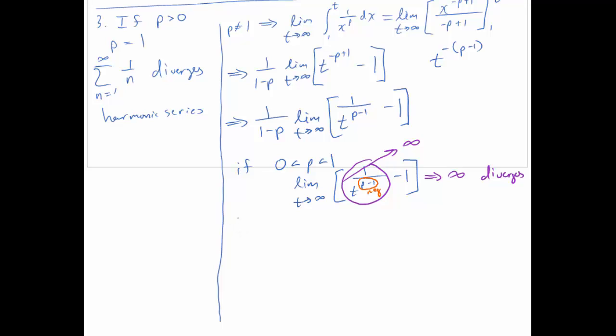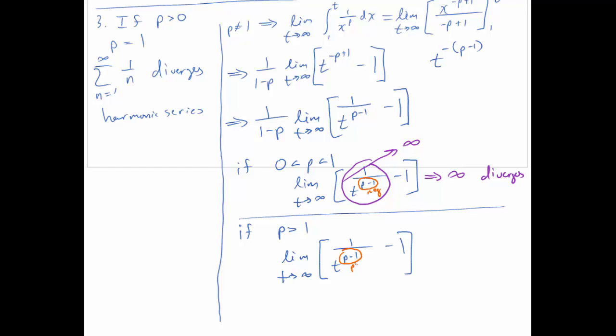All right, our last subcase. If p is greater than 1, then look at the limit as t approaches infinity of 1 over t to the p minus 1, minus 1. If p is greater than 1, then p minus 1 is a positive number.